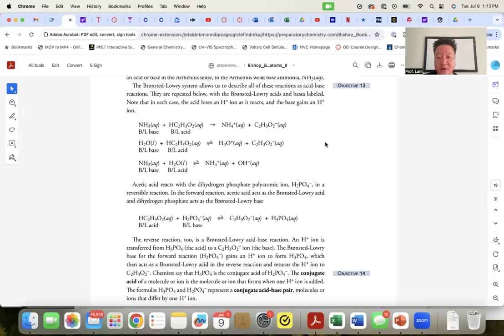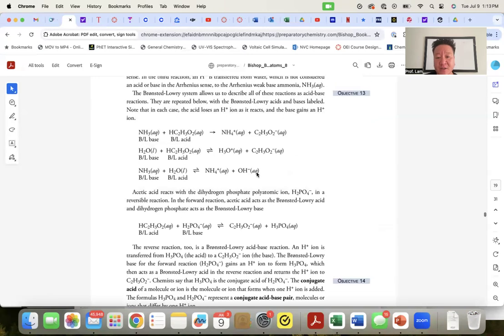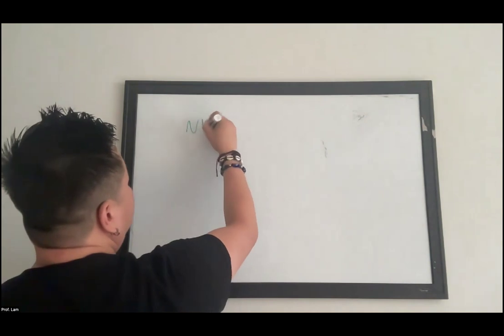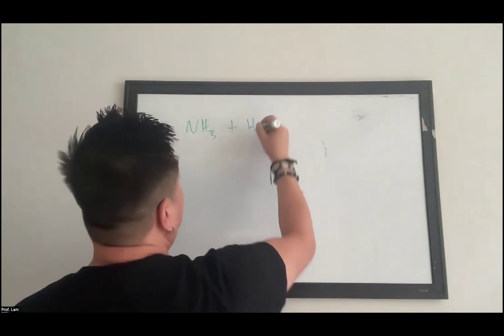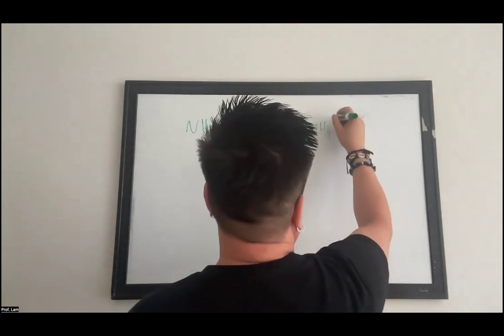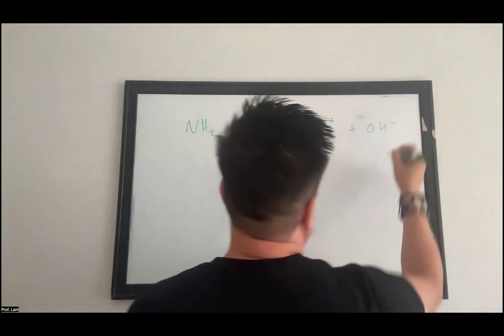Okay. So we can call these reactants here the Bronsted-Lowry base and Bronsted-Lowry acid. And then we can think about the backwards reaction. So let's do this. NH3 plus H2O goes to NH4 plus OH minus.